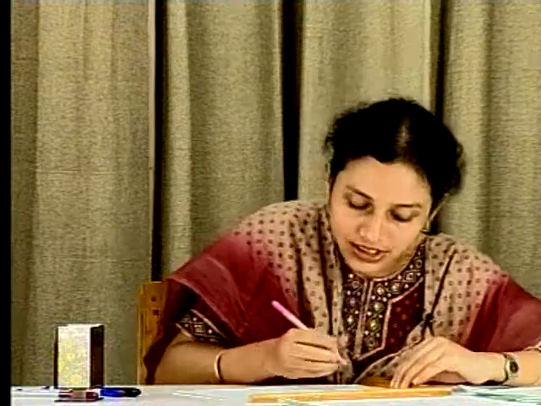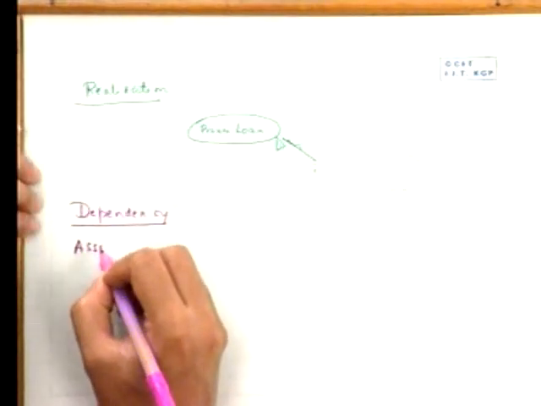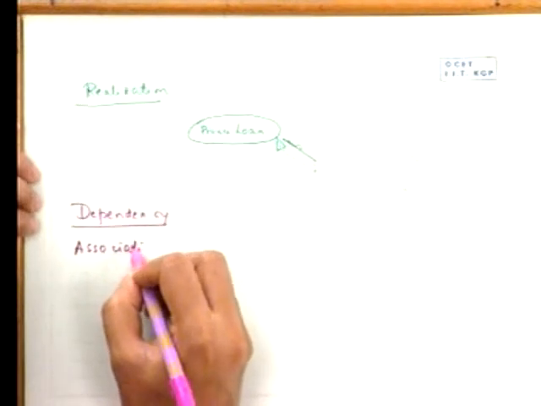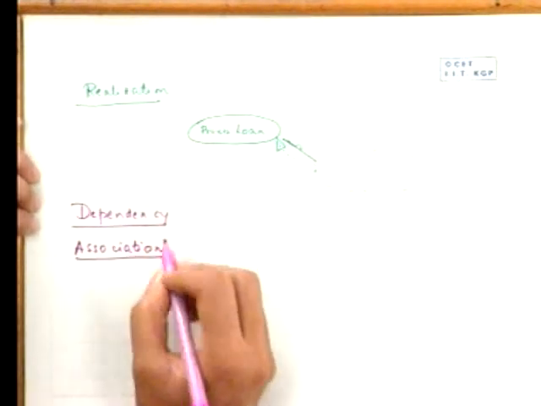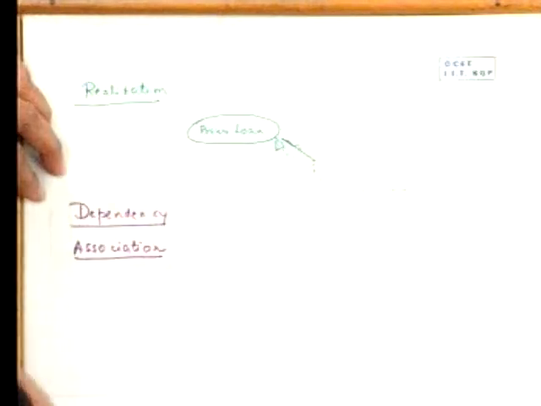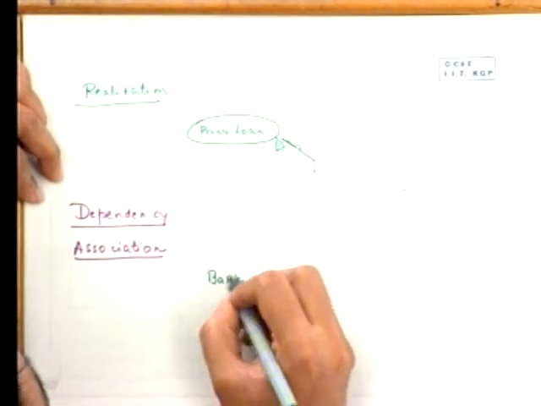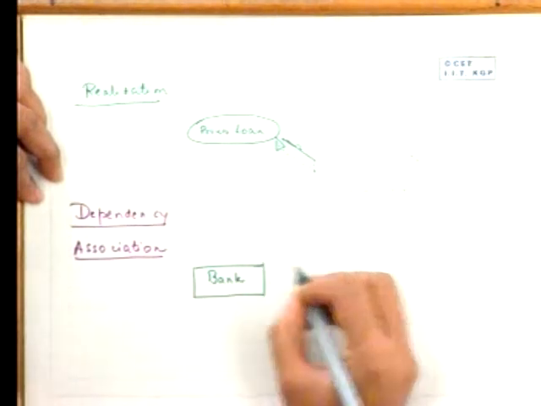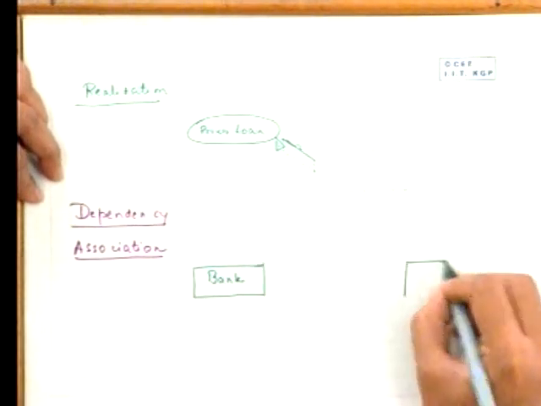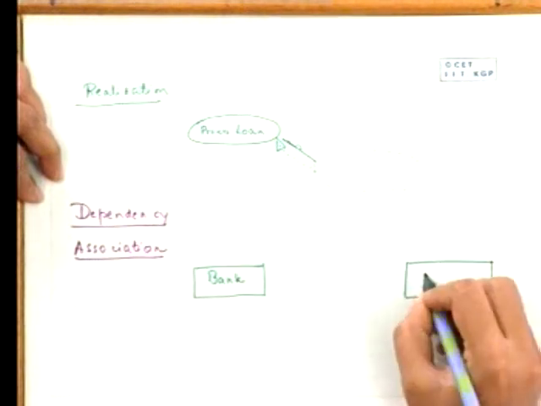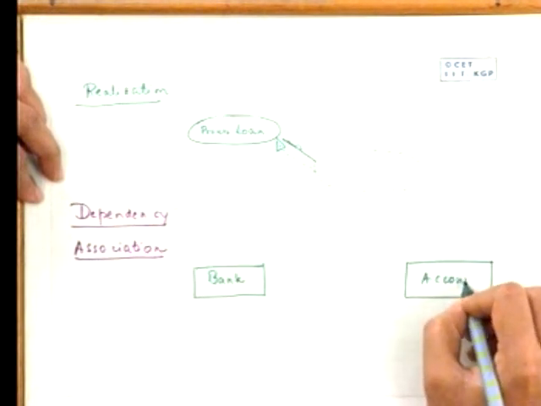We will talk about a particular type of association relationship. We have already looked at association relationships. Sometimes association relationships are qualified. For example, suppose you have this class called bank, and there is a relationship between the class bank and the class account.